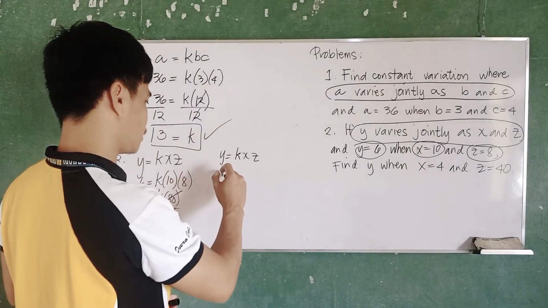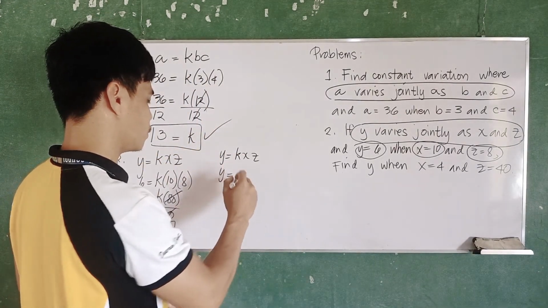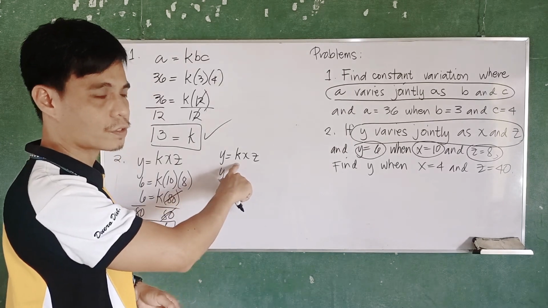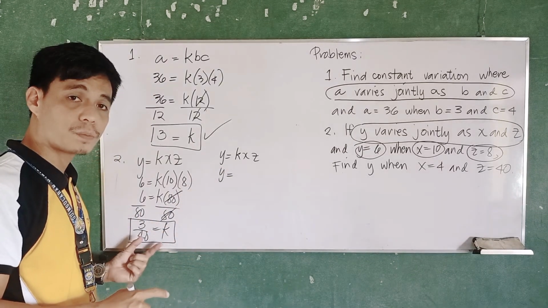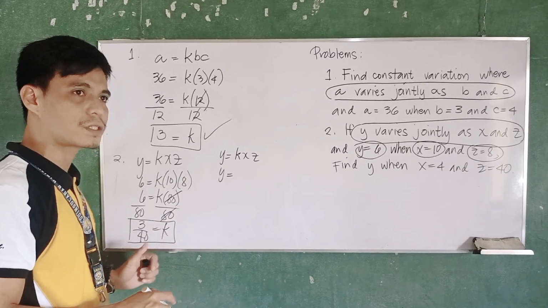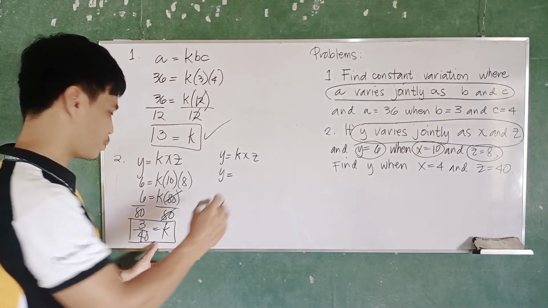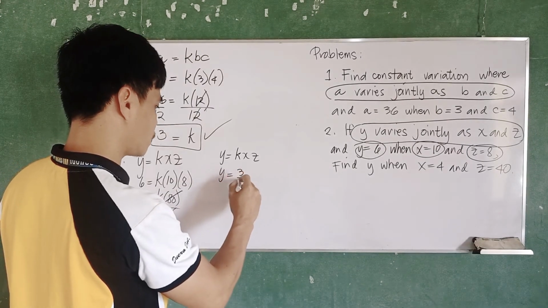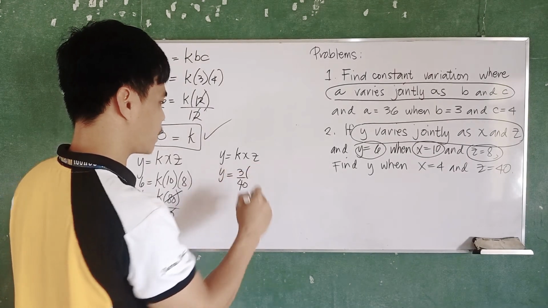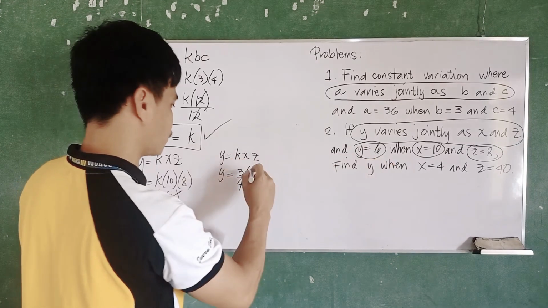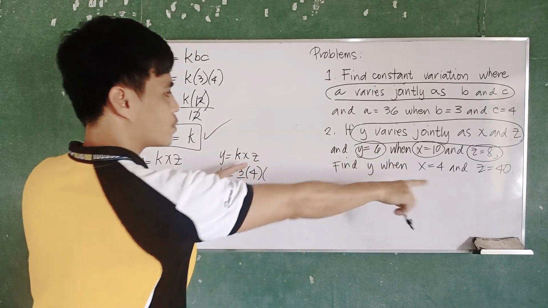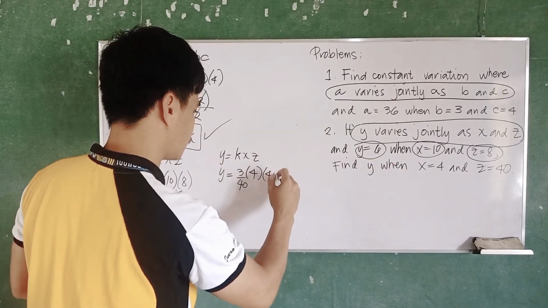So your y is missing. So y is equal to your k value or constant value, which is what we computed a while ago. So it is important, guys, that we always get the constant first. Okay? So there will be 3 over 40 multiplied by your x there, which is 4. And your z there is 40.